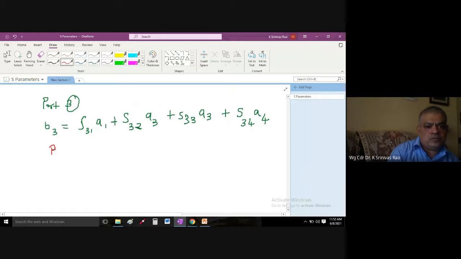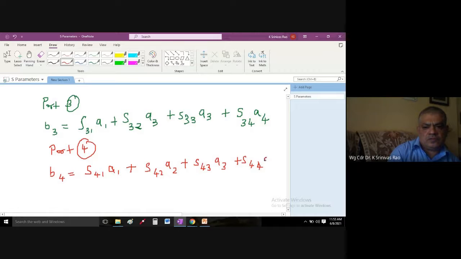At port 4, if I write B4 as the total reflection occurring, then this will be S41 A1 plus S42 A2 plus S43 A3 plus S44 A4.